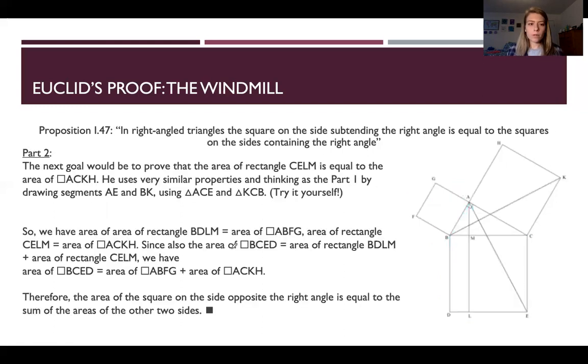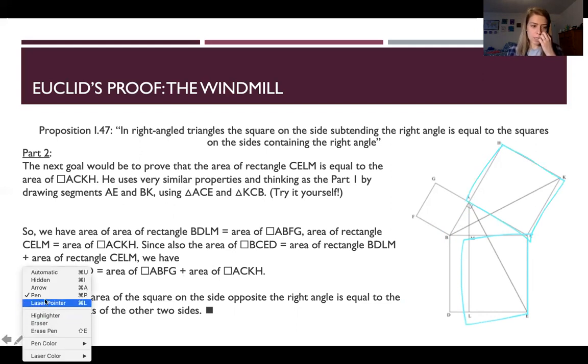Okay, now in part 2, he does the exact same thing. So he would want to prove that the area of the rectangle CELM is equal to the area of the large square. He uses similar properties and thinking as part 1.